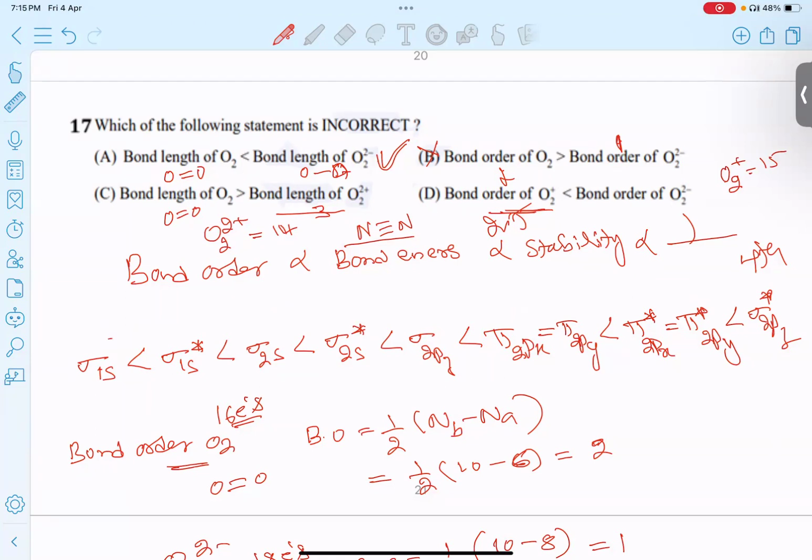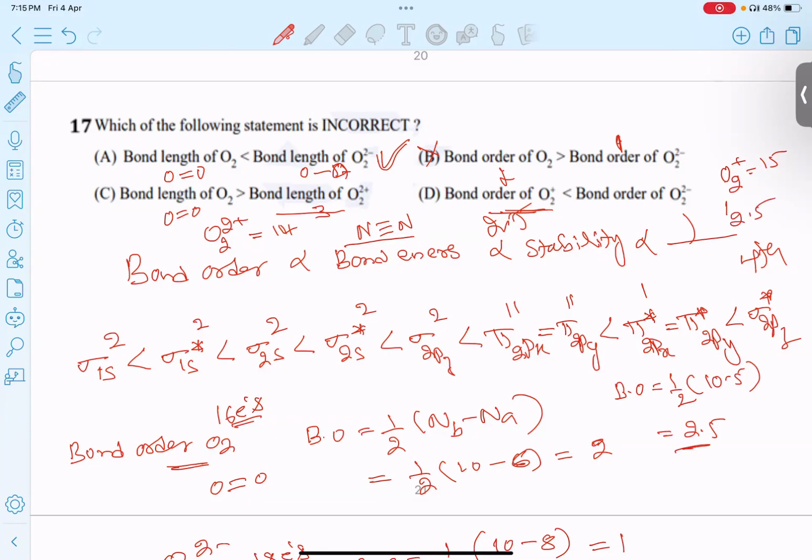Distribute the 15 electrons: 2, 4, 6, 8, 10, 11, 12, 13, 14, 15. Here bond order is equal to half into 10 minus 5. So the bond order is 2.5. The bond order of O2 plus is 2.5.